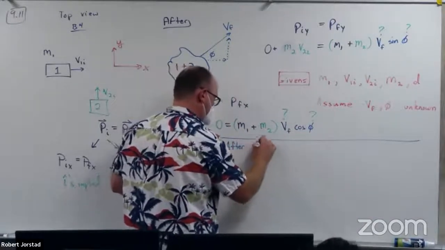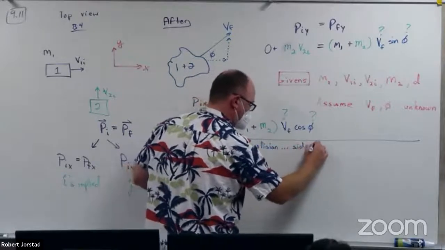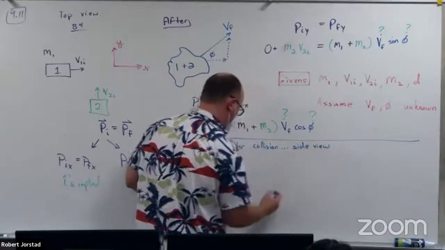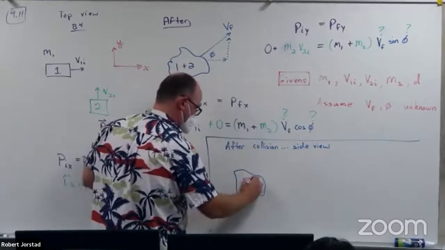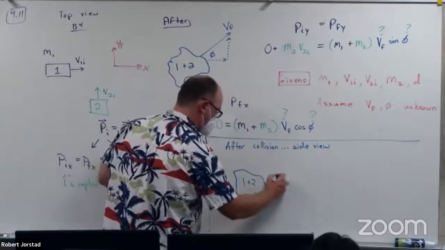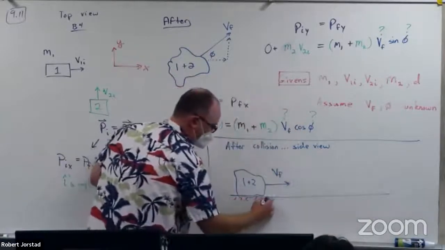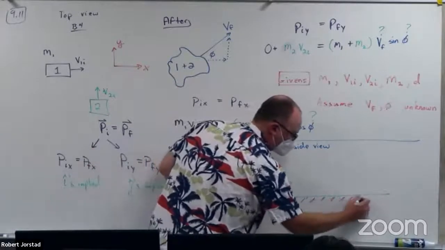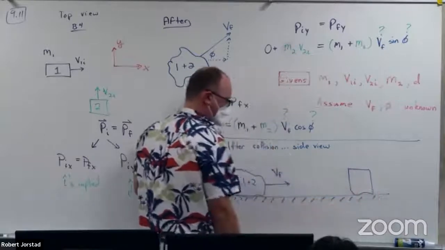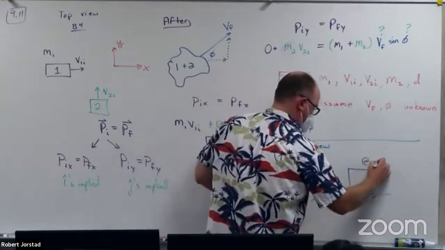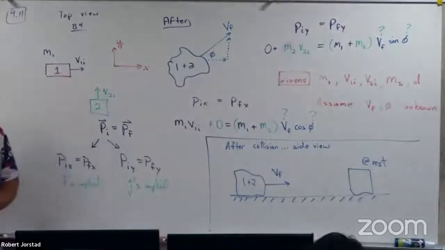After the collision, side view, we see 1 and 2. They're moving some speed, V final, and they slide over here and come to rest. What type of problem does that look like?